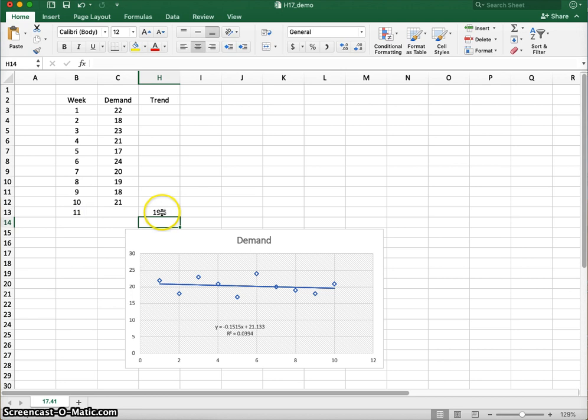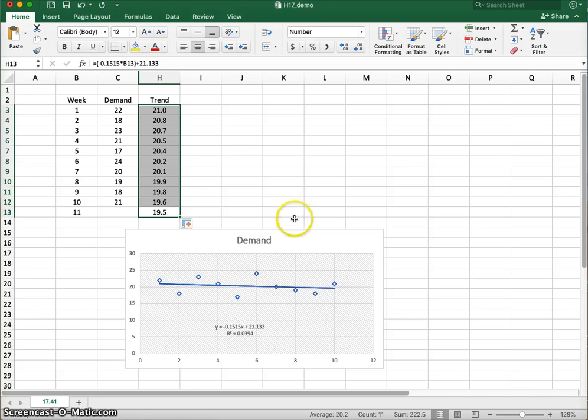So using trend analysis, that would be my forecast, and I could copy this up, and that would tell me what my forecast would be every week.